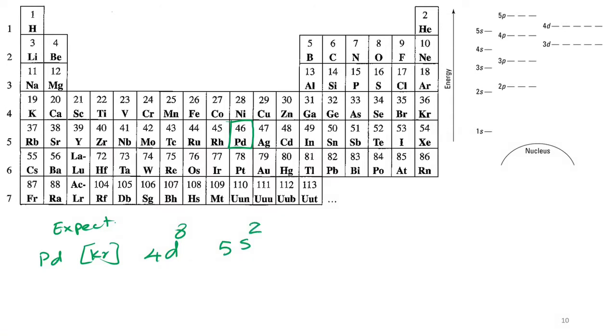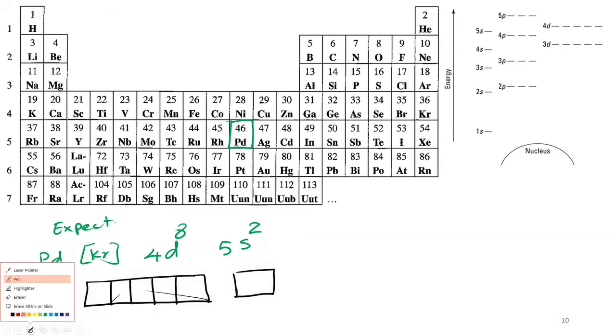That is what you would expect. And if you look into the orbital box diagram, your electrons will look like this.